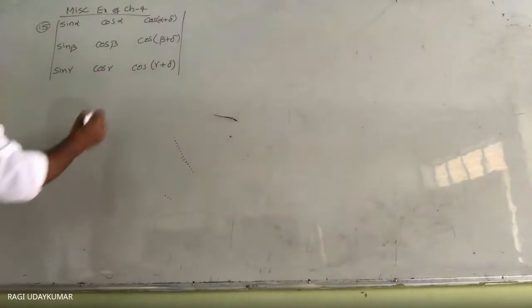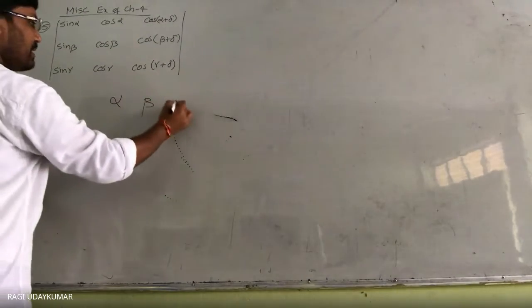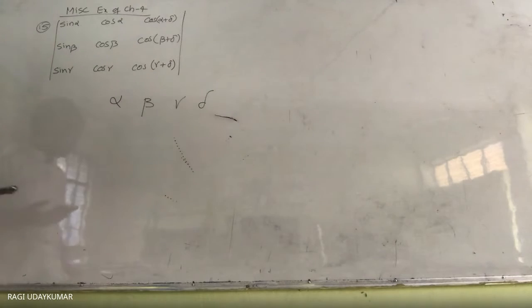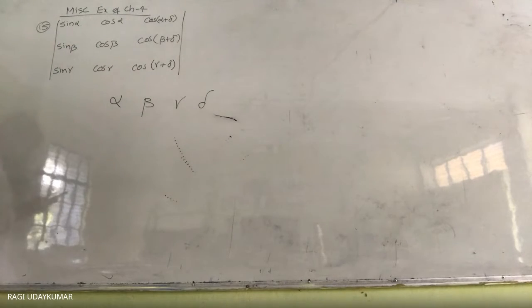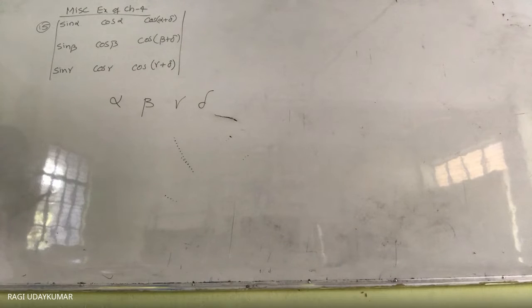The symbols, you know, this is alpha, this is beta, this is gamma, this is delta. What are these letters called? The Greek letters. So these are the Greek letters.